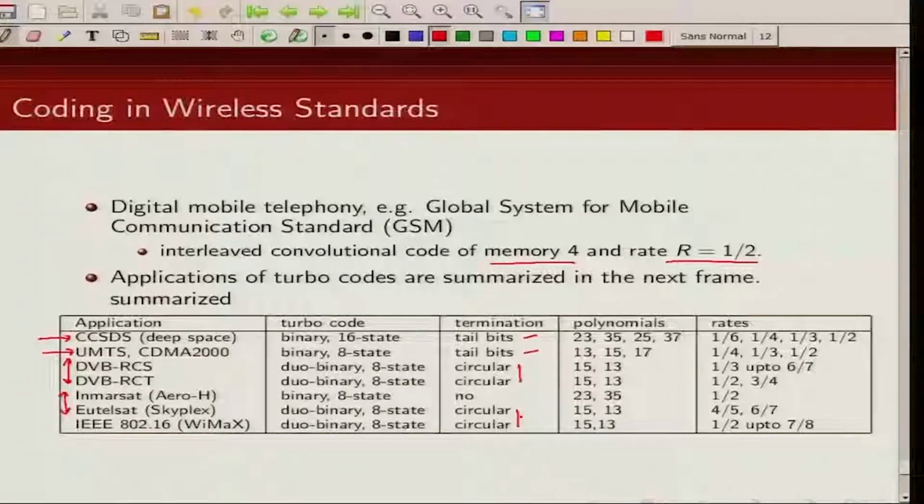These are what is known as tail-biting encoders, so their starting and ending states are the same. So the trellis is like a circular trellis, and they do not need any termination bits. And these are the code generator polynomials in octal notation and some of the rates that have been used for these codes.